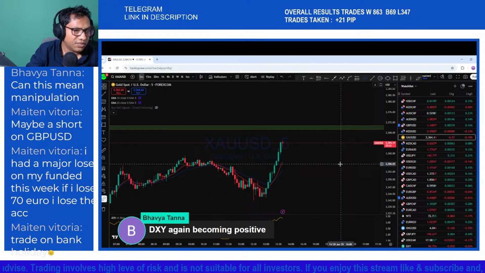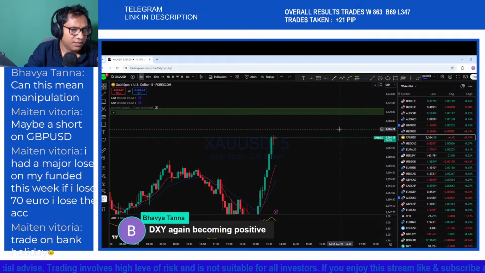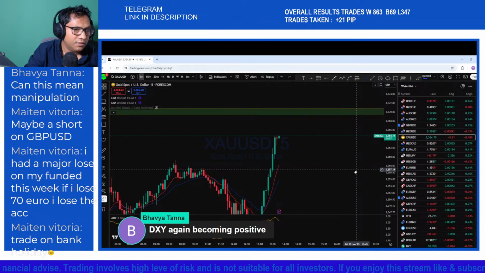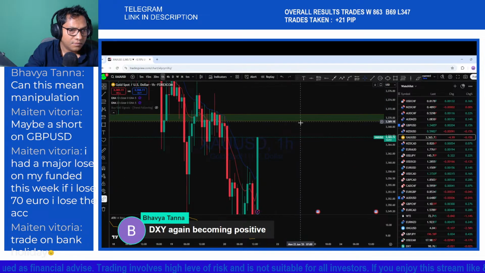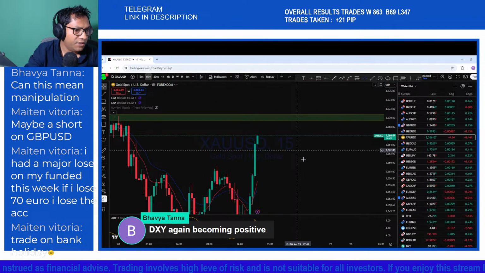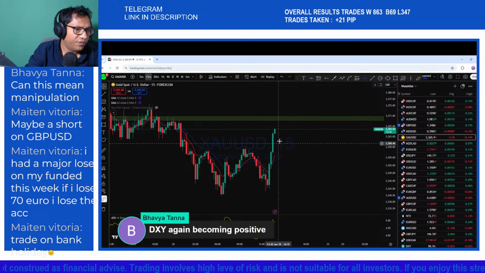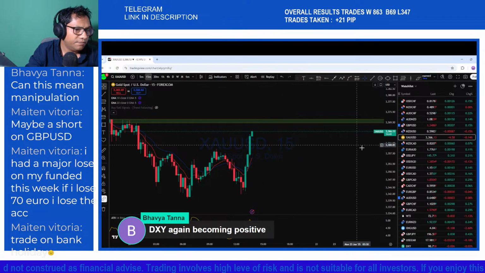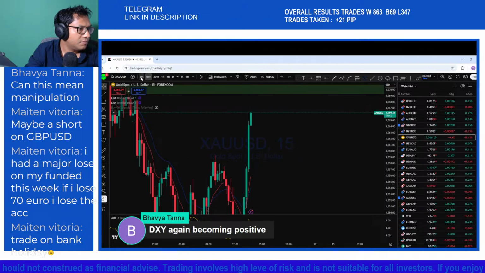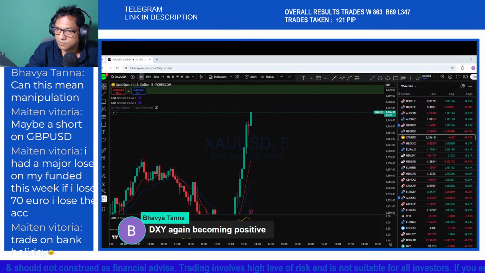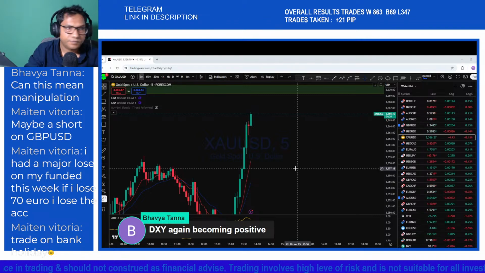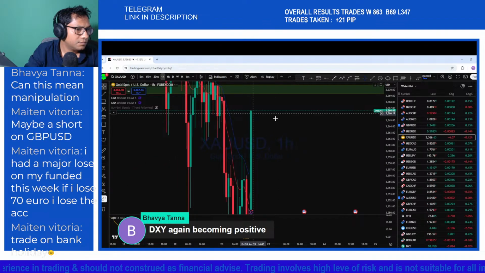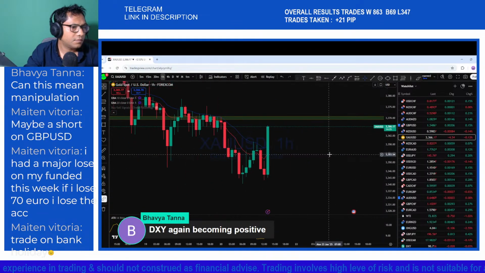So this is a 5 minute candle potentially closing as a doji, as you can see, and you have quite a few 15 minute candlestick pattern formations back to back here.